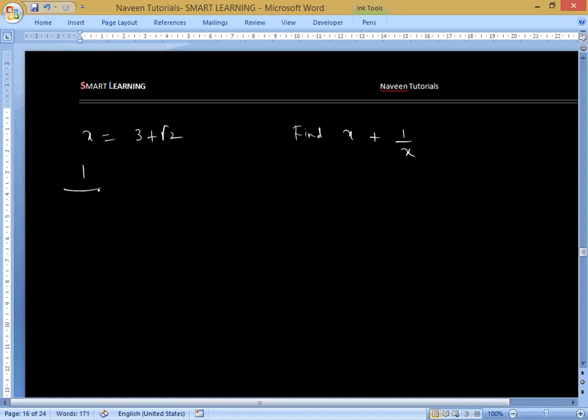So I'll write 1 by x. What is the x value? 3 plus root 2. Then the denominator is 3 plus root 2. So I'm multiplying this denominator by 3 minus root 2 by 3 minus root 2.